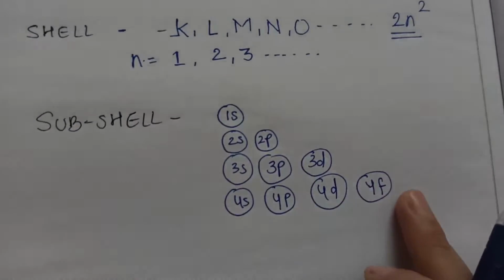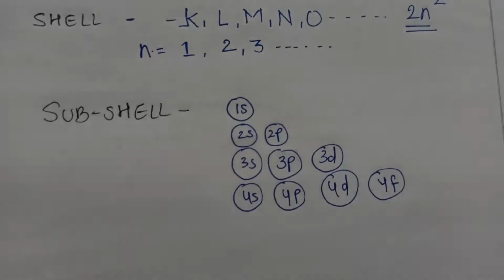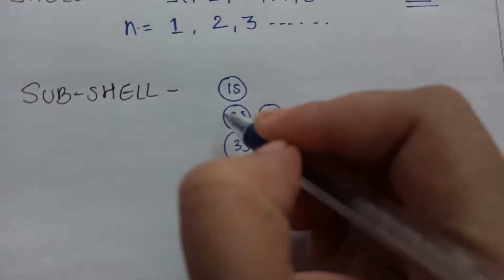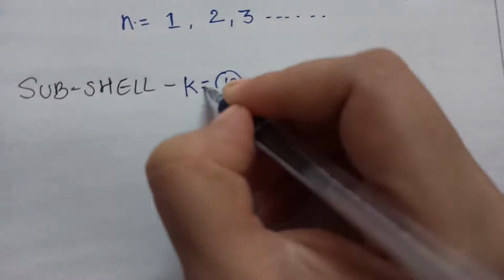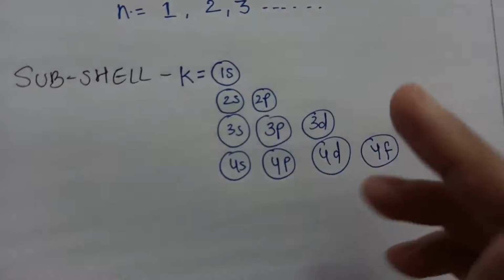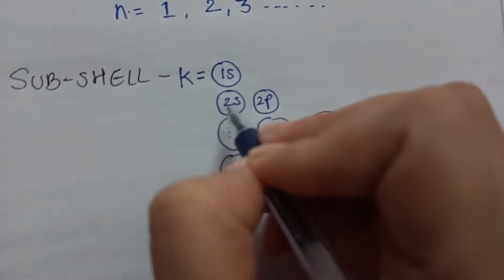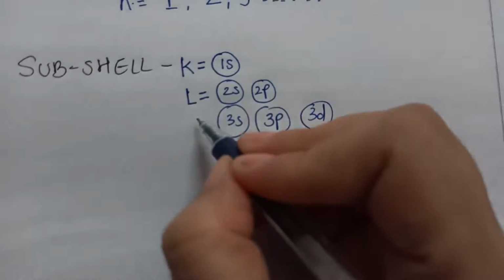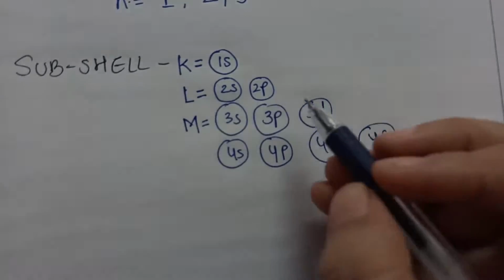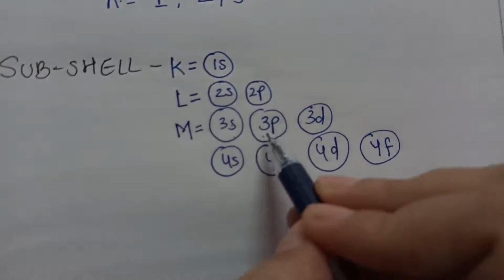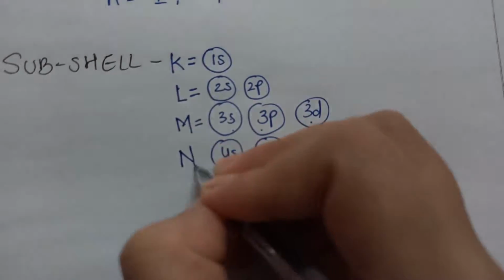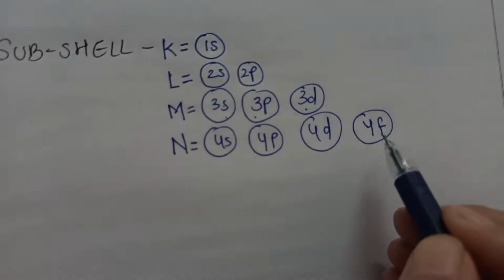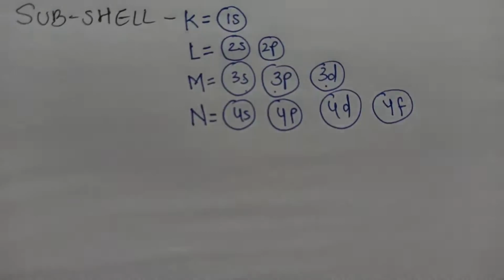These are the subshells. How can I say these are the subshells? Because you know that K shell can hold a maximum of 2 electrons, so 1s is equal to K shell. How? I will clarify this a bit later. 2s and 2p can be said to be inside the L shell. Similarly, M shell has 3 subshells, that is 3s, 3p and 3d. Similarly, N shell has 4 subshells, that is 4s, 4p, 4d and 4f, and so on.